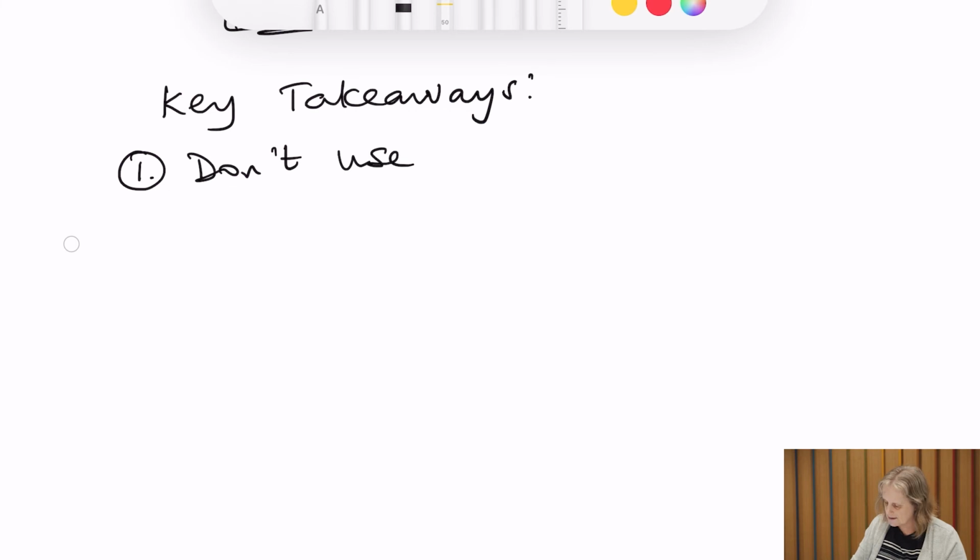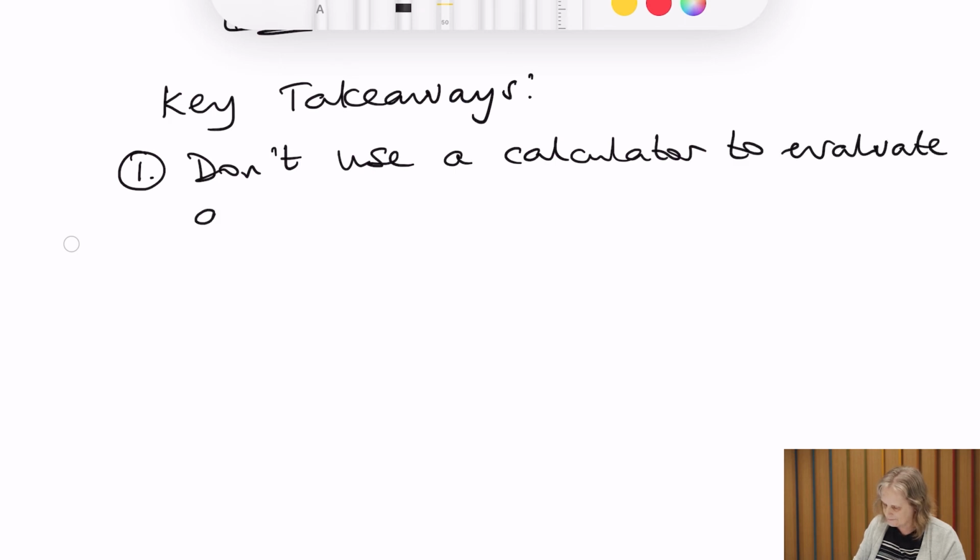So don't use a calculator. Use BEDMAS to do that manually.